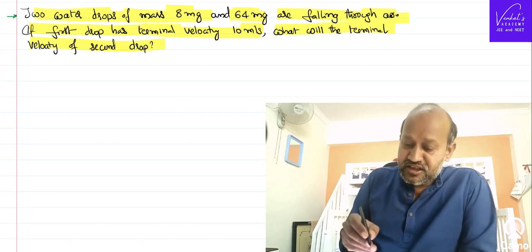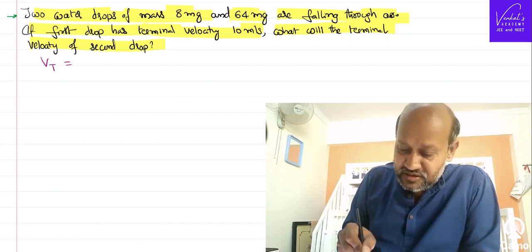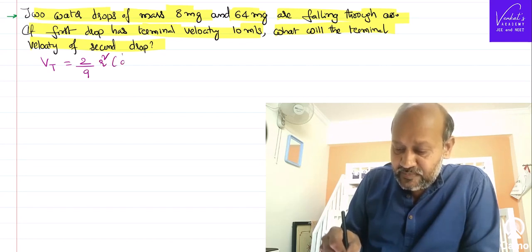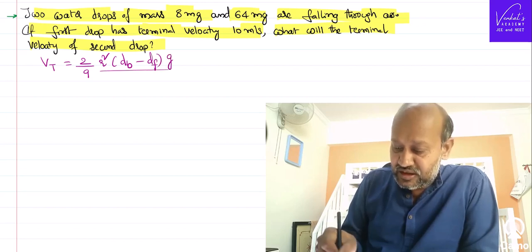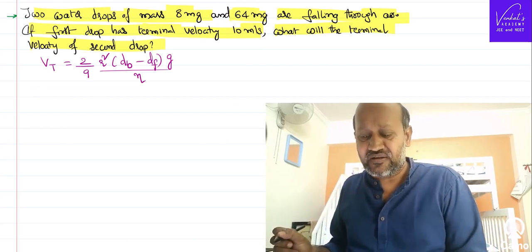And I have derived an expression for that in the previous video. What is the terminal velocity derivation? To tell you, 2 by 9 r square, density of that body minus density of the fluid, that is air, into acceleration due to gravity, by eta. That's the coefficient of viscosity of that air, that fluid.